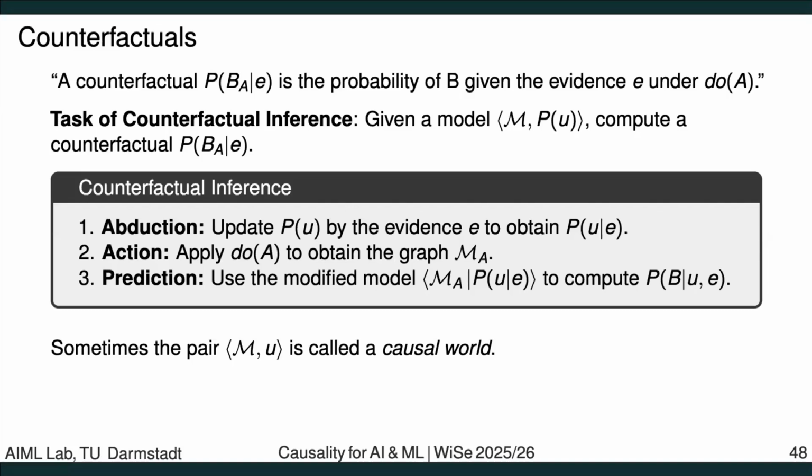So basically, to trace it back to what we said before, the first thing we want to do is not reason about some average random scenario, but take the evidence, the observations that we were given, to reason about the most likely state of the exogenous variables.